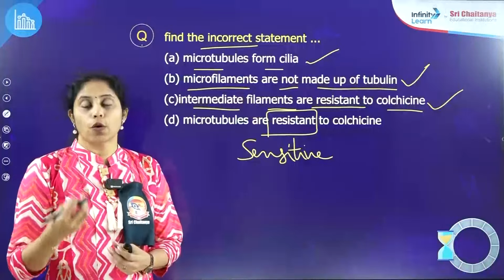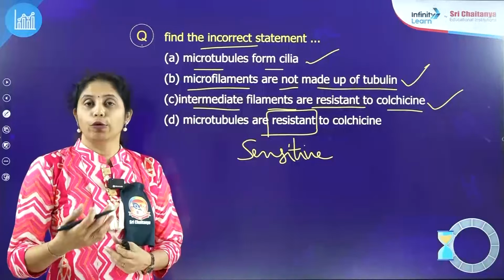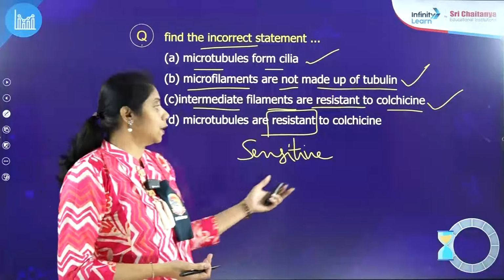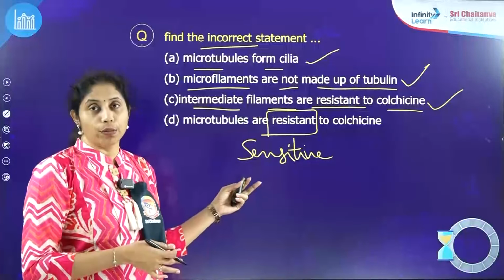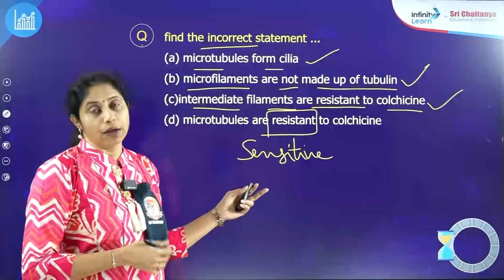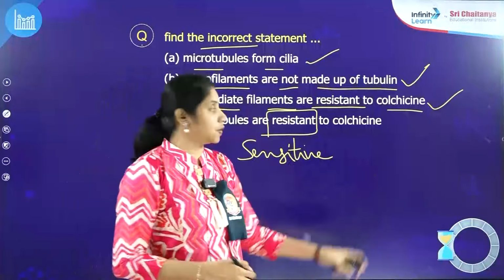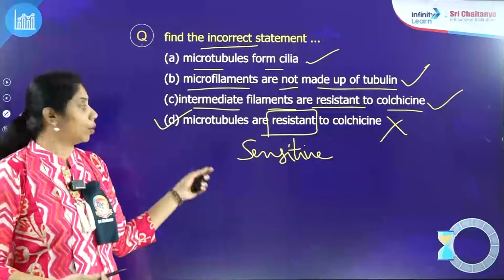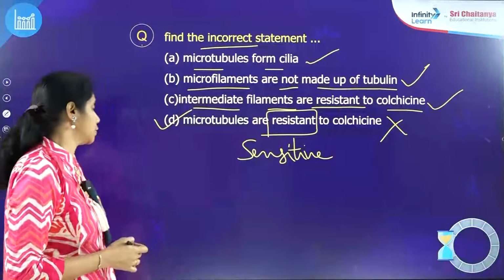So if you want to stop cell division before the formation of spindle, we have to use colchicine, because colchicine affects the microtubules by not forming the spindle. In that way we can arrest the cell division because microtubules are sensitive to colchicine. So this statement is the incorrect statement. The correct option will be: microtubules are resistant to colchicine is incorrect.